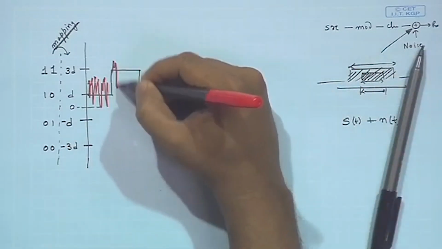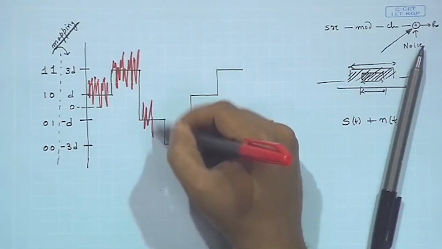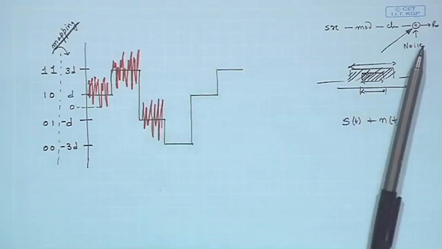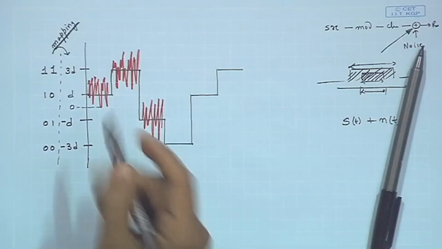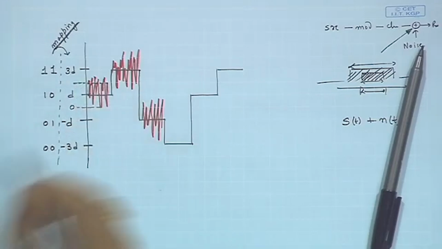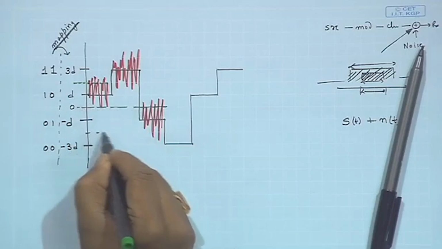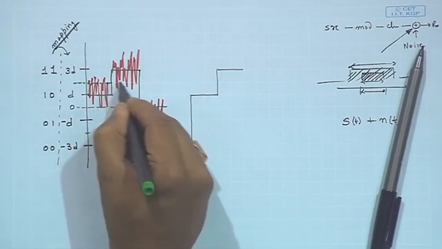And here the noise is basically random, right, and so on and so forth. And we also said that there is a decision level. So, these are decision levels.